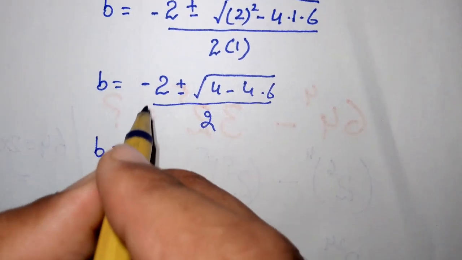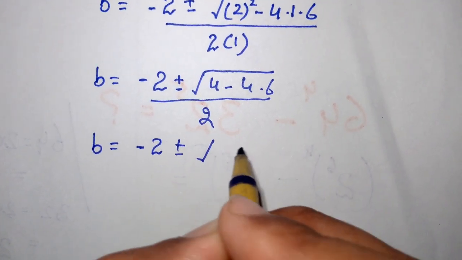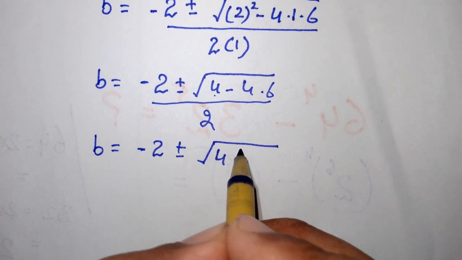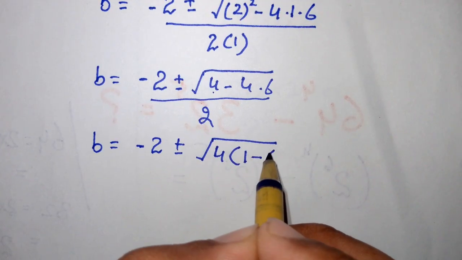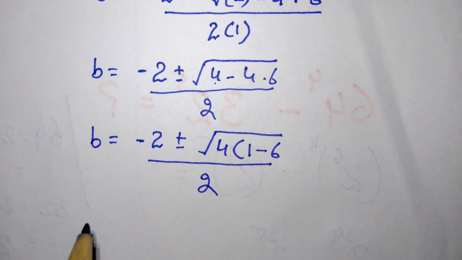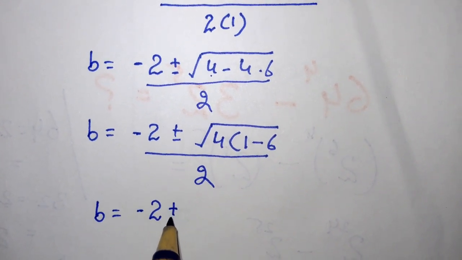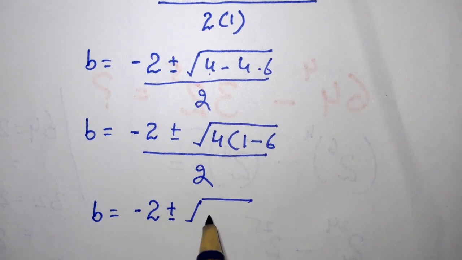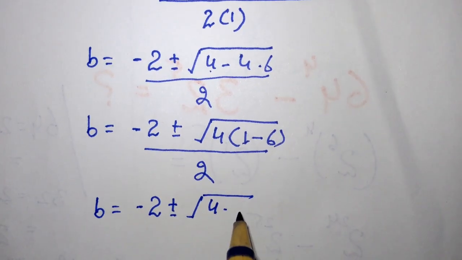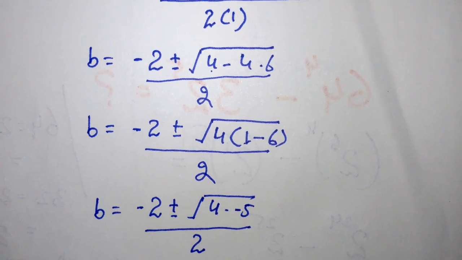B is equal to minus 2 plus or minus square root of, here 4 is common, so 4 into 1 minus 6, over 2. B is equal to minus 2 plus or minus square root of 4 times 1 minus 6 is equal to minus 5, over 2.